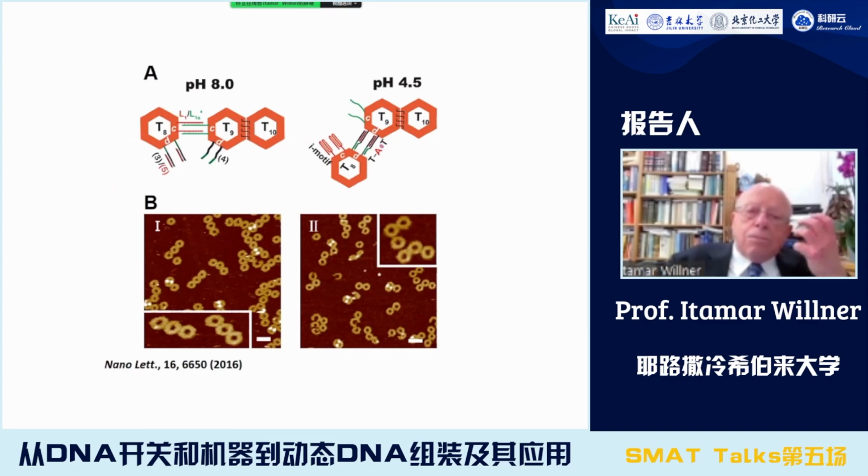We were able to demonstrate that this method can not only be used to make dimers that are separated and reconstructed, but we can make isomerization of the structure of the tiles. For example, from linear structure into bent structure.